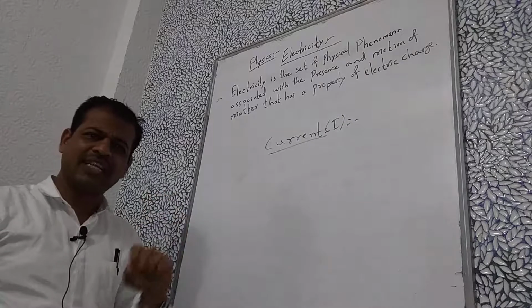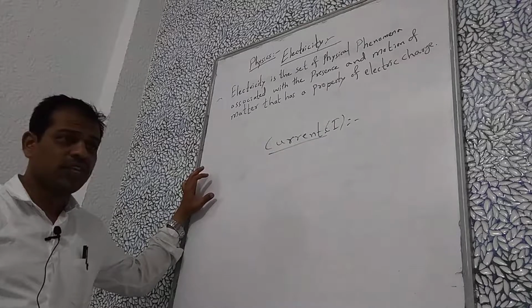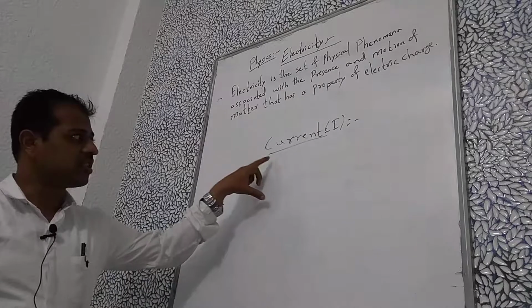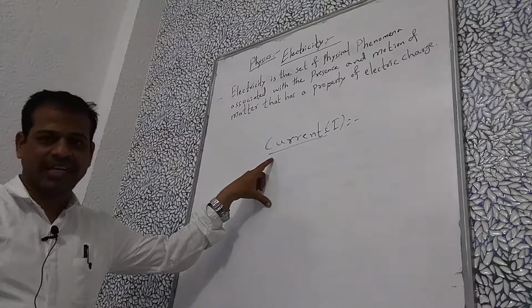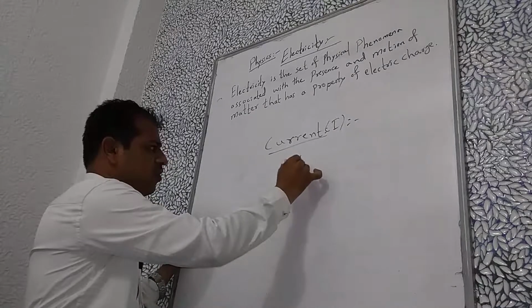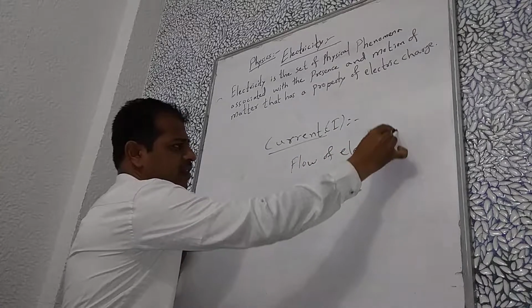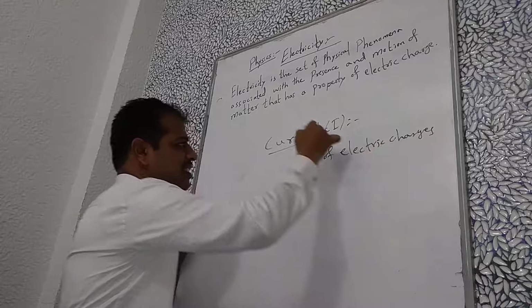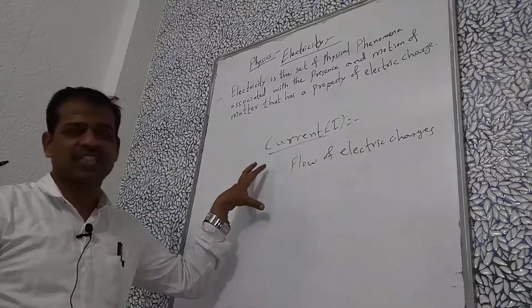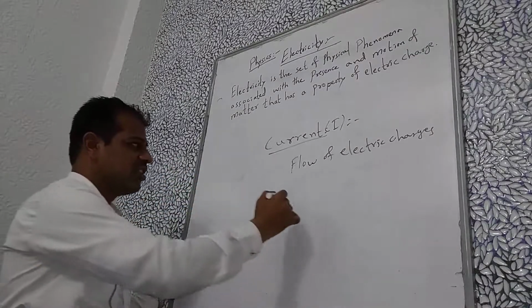The flow of electric charges is known as electric current, or sometimes the flow of negative charges.